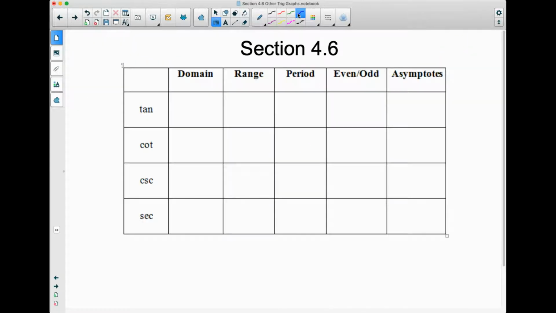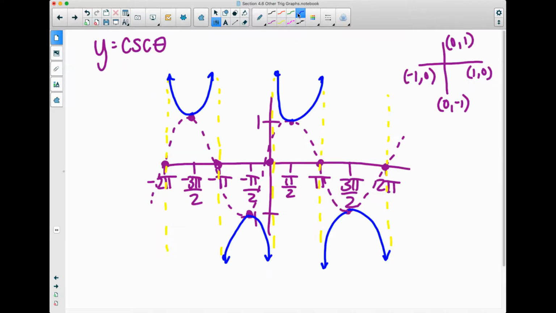What's my domain? Looking at this graph. It's not all real numbers.